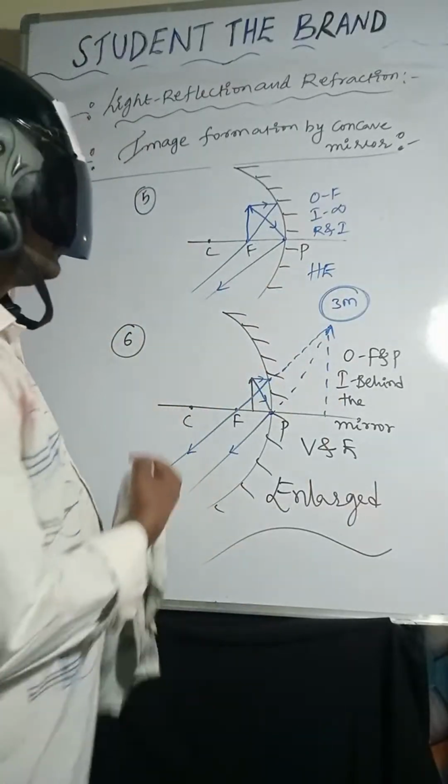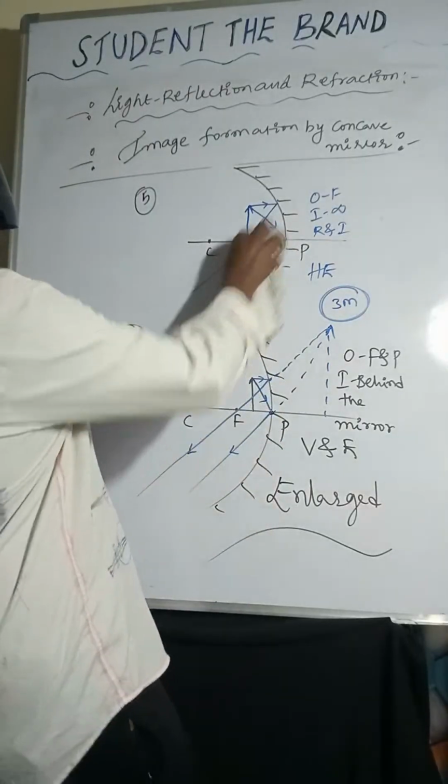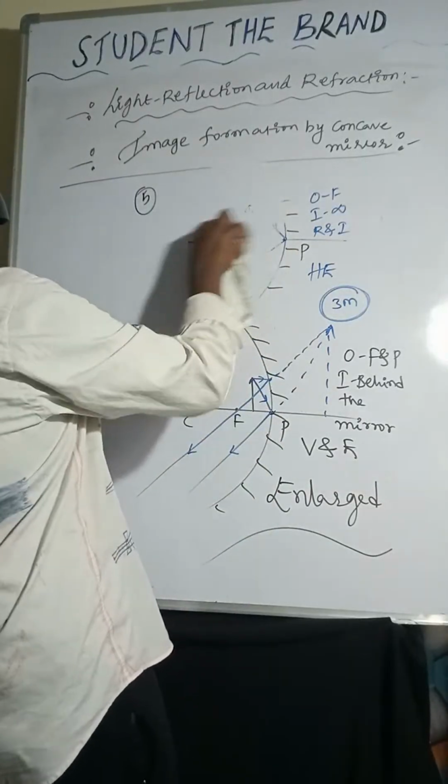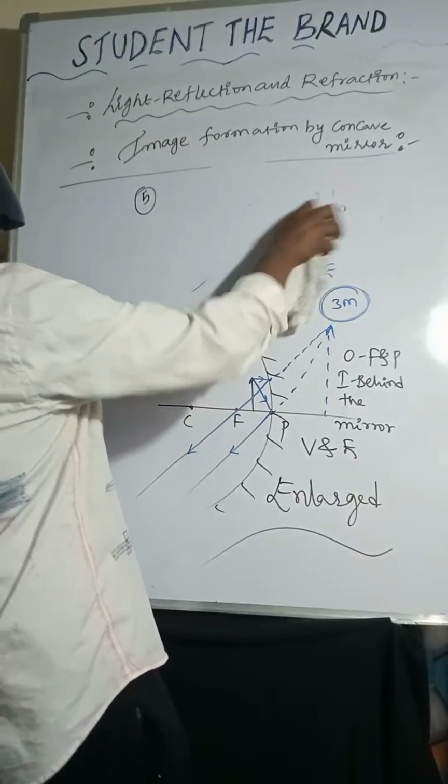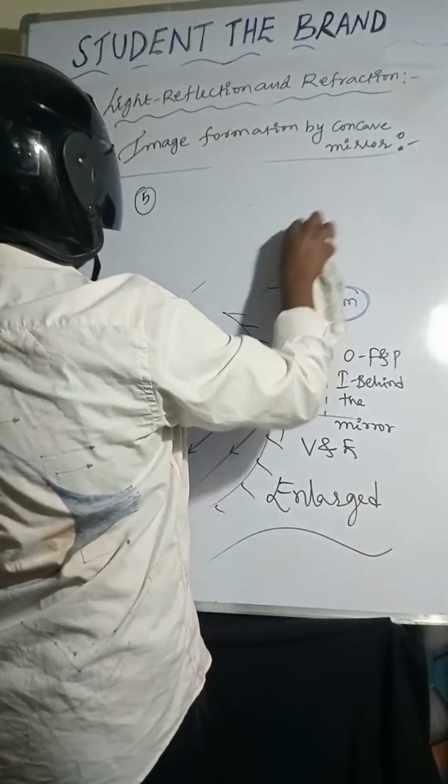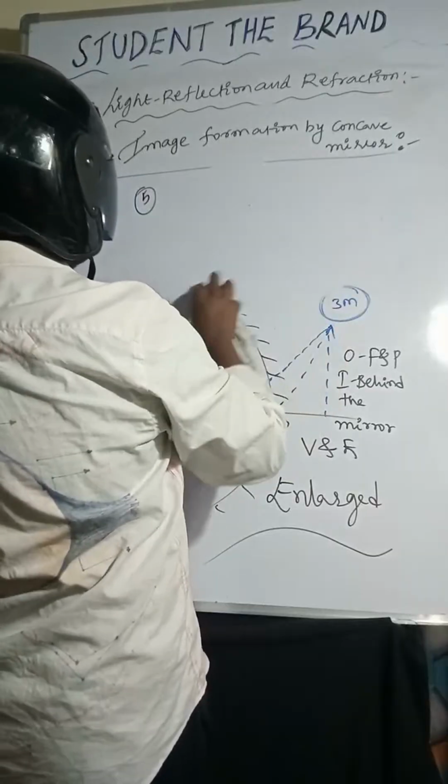Next one, the convex mirror. In a convex mirror, only two cases are there.